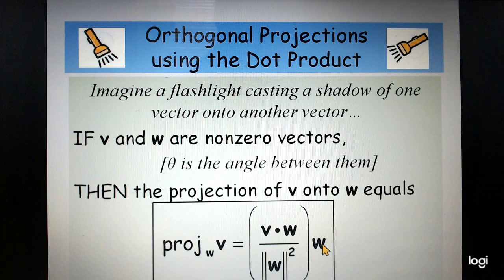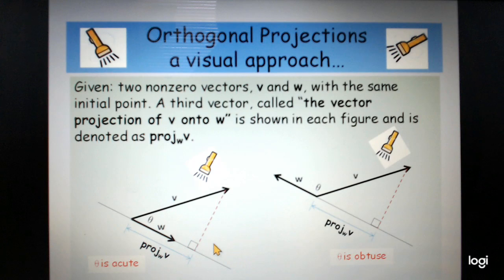vector w. And notice the projection is a vector, so all we're doing here is we're going to say, what's that multiple of w? Let's go back and look at our diagram. The projection is here. Okay, it's a vector. w is a vector. In general, they are not the same.